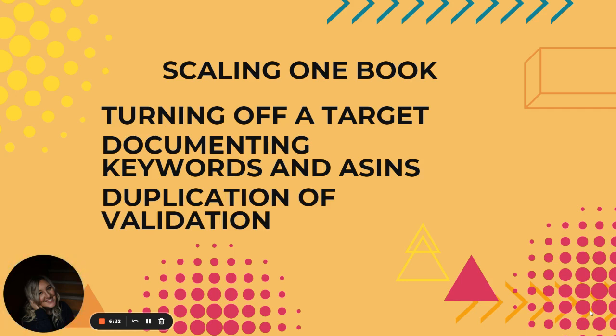Now, after this book was selling, I was able to duplicate this campaign, or not even duplicate, but when I say duplication of validation, it means that this book is selling. Let's see how other ways that we can scale this book. So maybe that's when I would turn on the manual ads, because I actually have keywords and ASINs that it's buying off of.